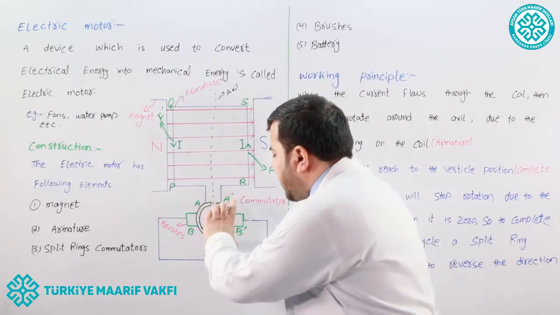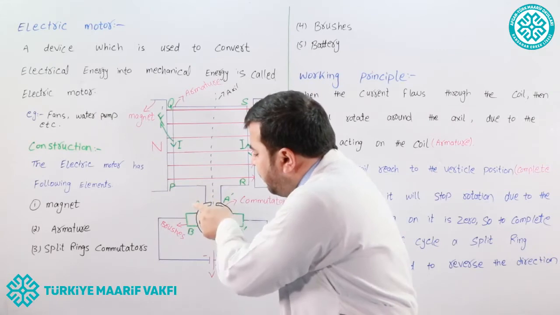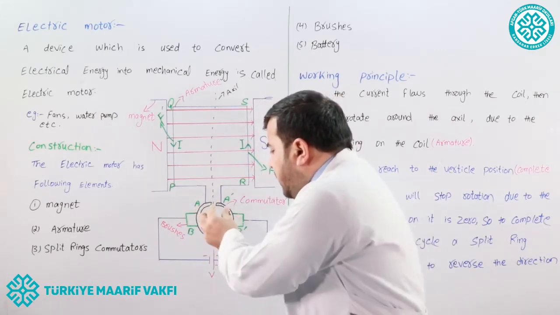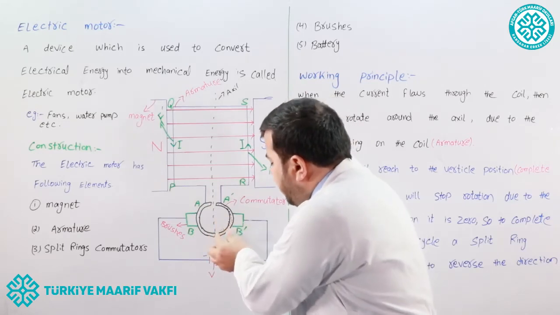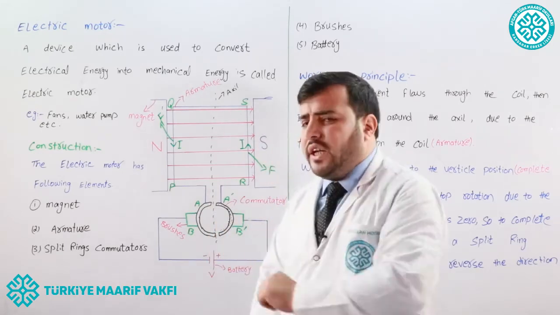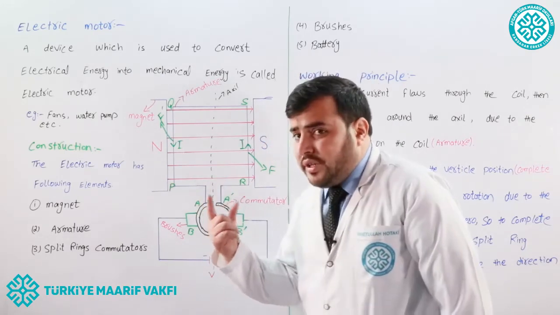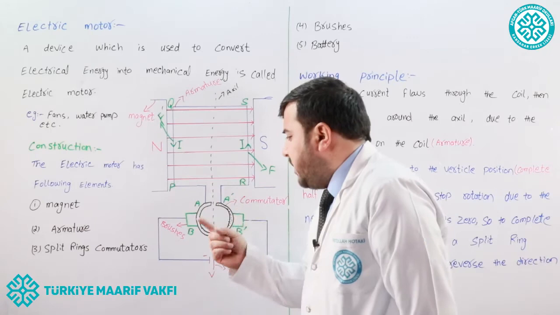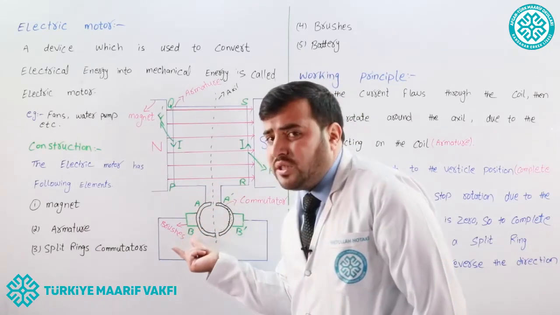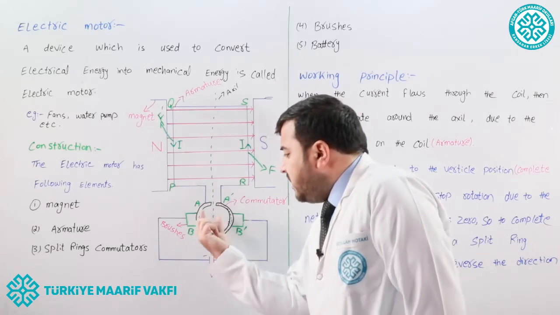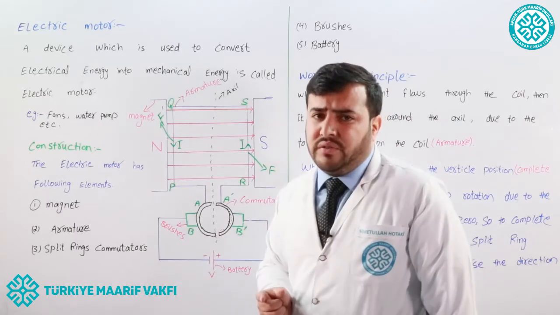So when this A dash changes its position and comes in place of A, A will also change its position and come in place of A dash. Now look here, this is the most important point. This split ring was connected with the negative terminal of the battery. Now this split ring will be connected with the positive terminal of the battery.